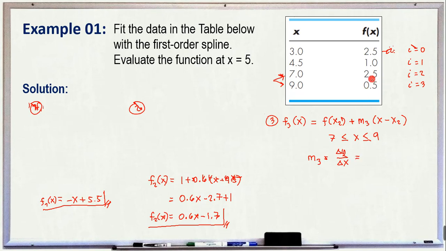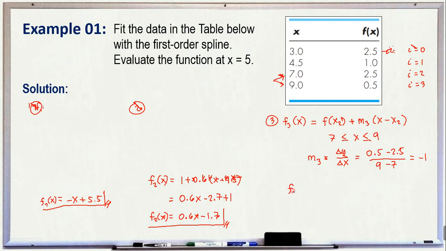Wherein our change in y is kaning 0.5 minus 2.5. So 0.5 minus 2.5 all over ang change sa po in x, that is 9 minus 7. So 9 minus 7. Pila may answer? Negative 1 yun exactly.